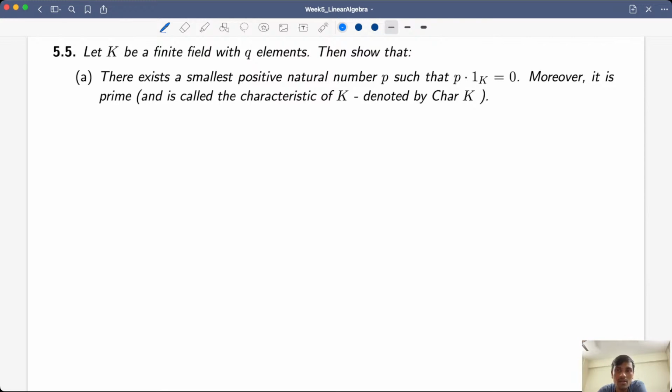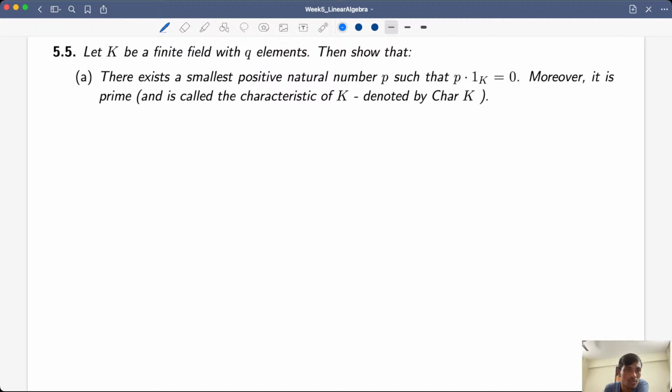That means if you add the multiplicative identity in K, namely 1_K, p times, then that will give you the 0 element. Moreover, this p is prime, and this p is called the characteristic of K, denoted by char K.